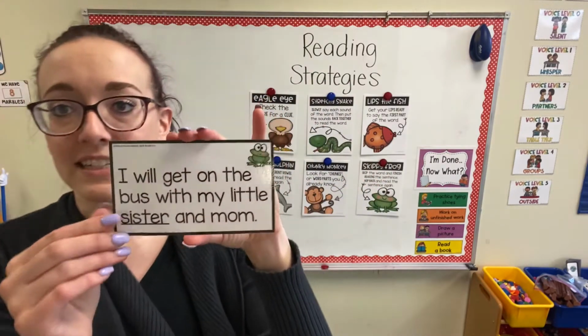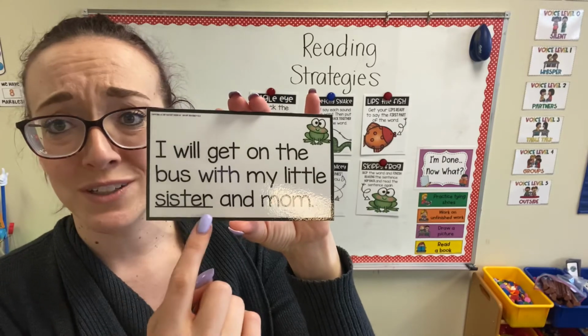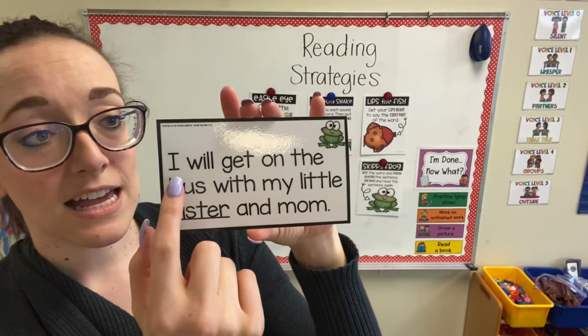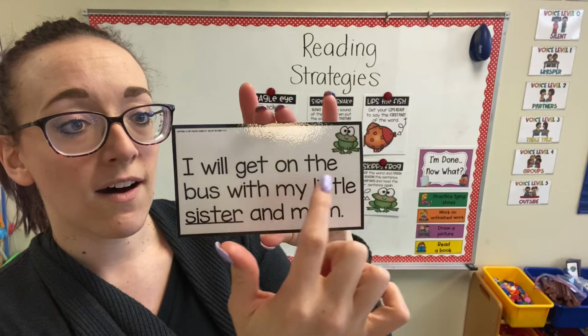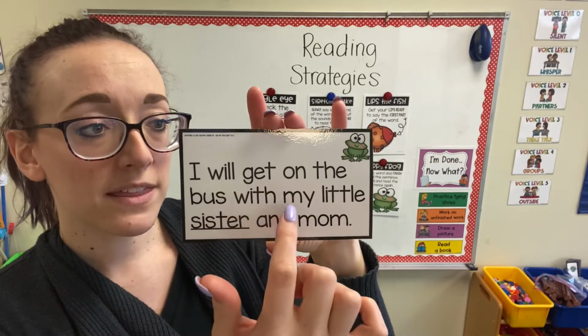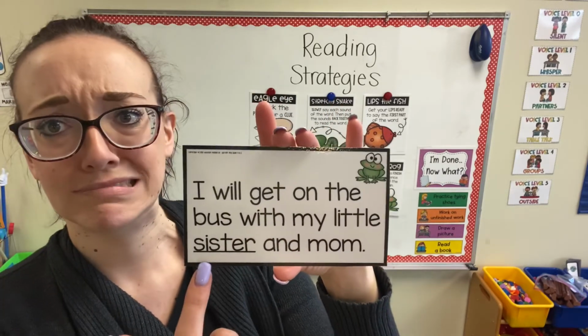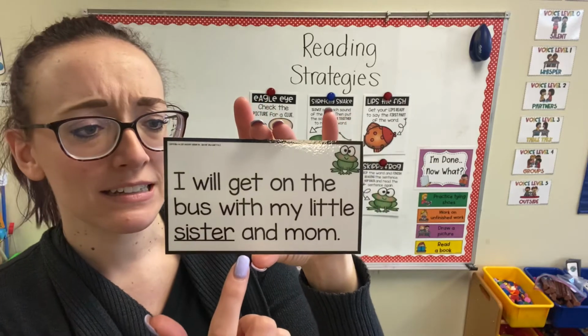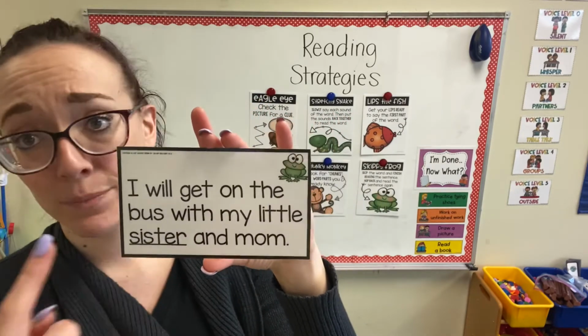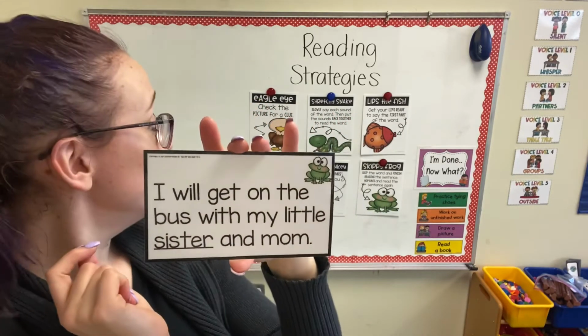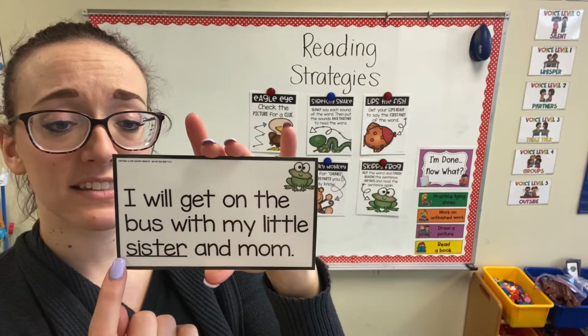So I have this sentence, and this word right here is the word that we don't know. It says, I will get on the bus with my little, I don't know what that word is. I don't have a picture, so I can't Eagle Eye. I can't Stretchy Snake it.